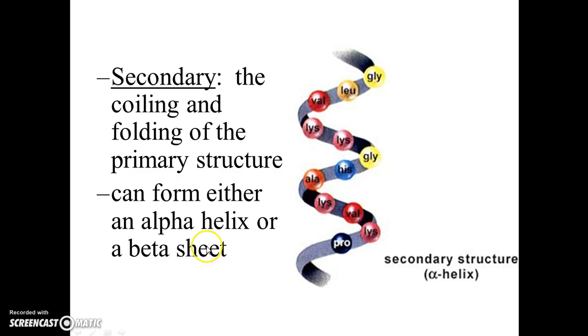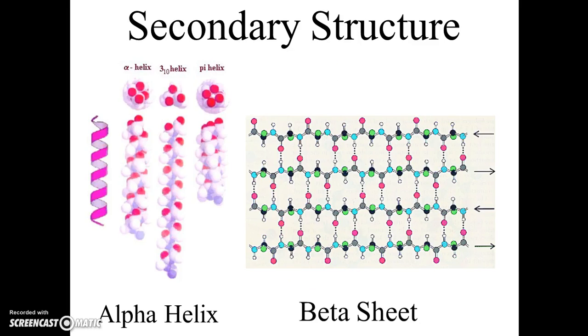A beta sheet, I'm going to show you on the next page, but it looks like one of those paper fans you used to make when you were in elementary school. So this is an alpha helix looking like a spring, and this is a beta sheet. If you can see, it's folded on itself like an accordion, kind of.